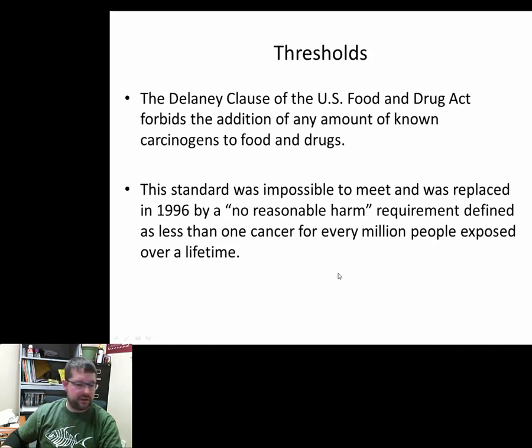So the fact that people say, like, diet soda causes cancer, it can't. There is no scientific evidence that suggests that diet soda causes cancer.